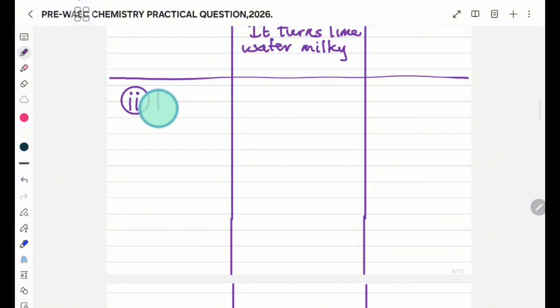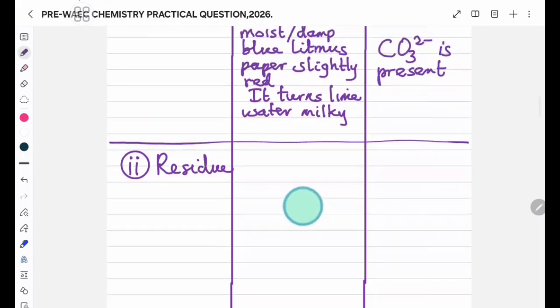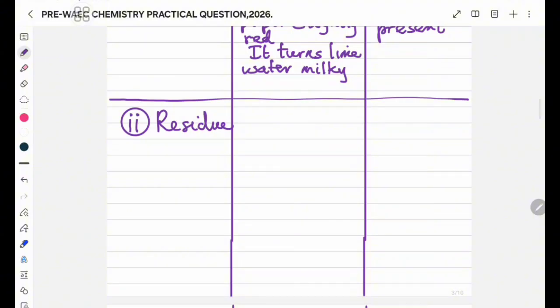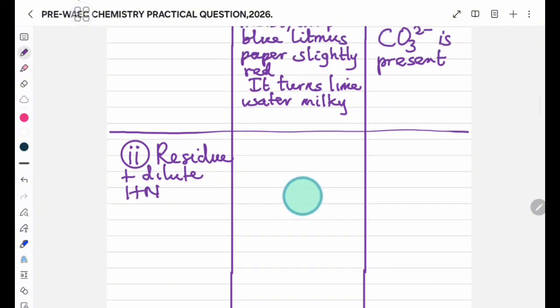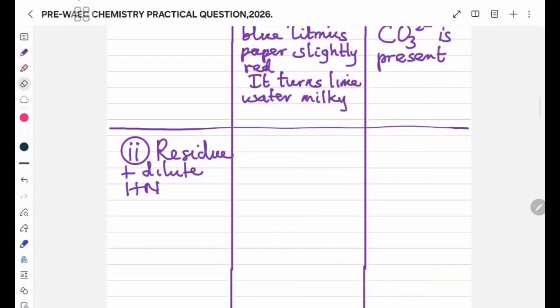Right, residue plus dilute HNO3. Okay, sorry, we have done that.